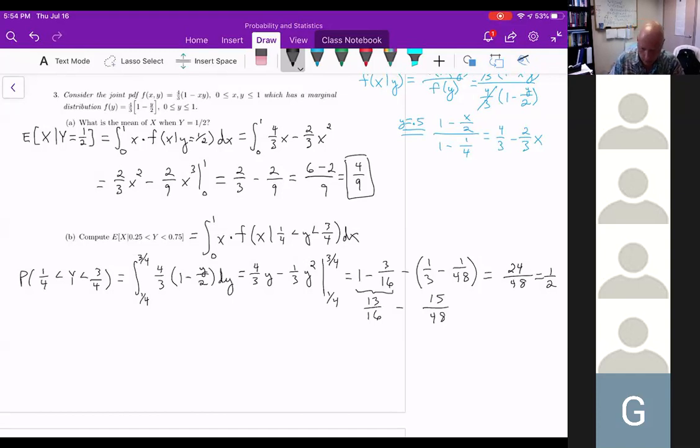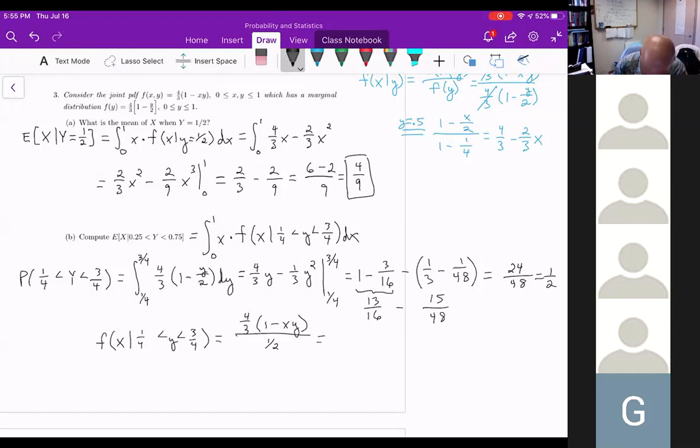This means that the conditional distribution of x, given that y is between 1/4 and 3/4, is the joint distribution of 4/3 times (1 minus xy) over that marginal probability that we just found, which is 1/2.